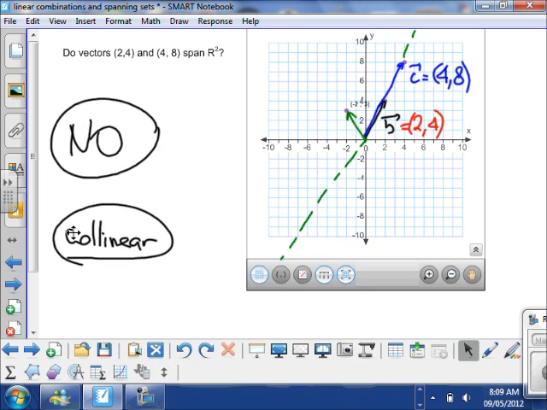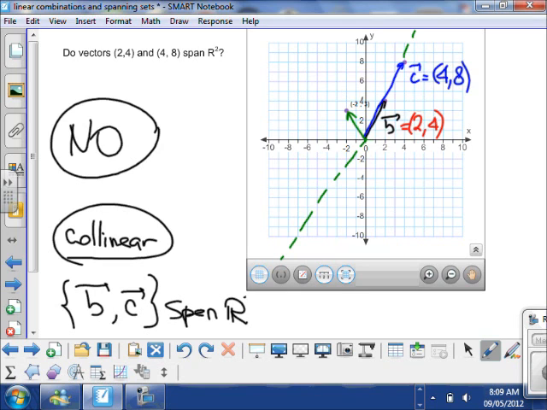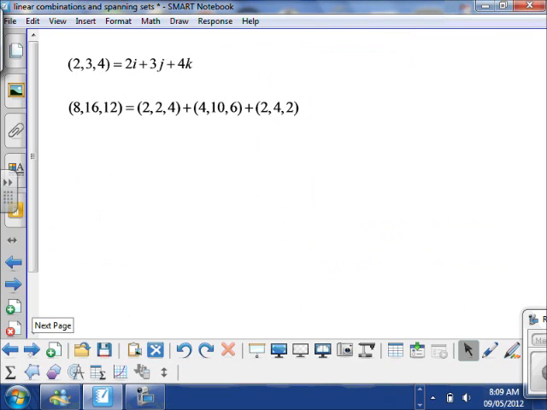So what condition do two vectors B and C need to satisfy in order to span R squared? They need to be non-collinear vectors, vectors that do not belong to the same line.